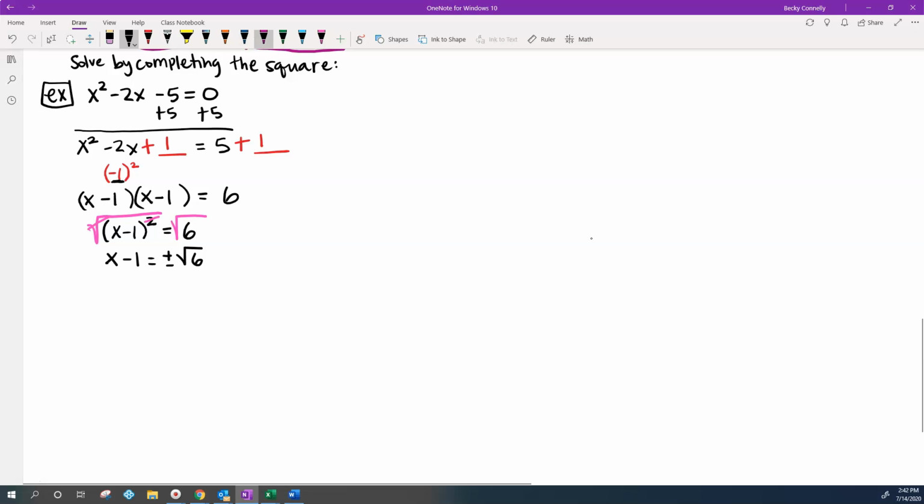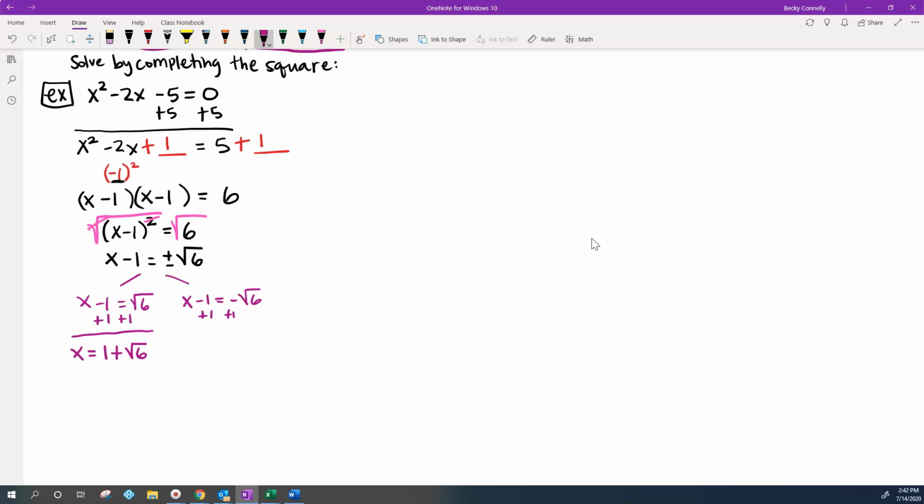And then remember, we can write these down as two separate things. So x minus 1 equals the positive square root of 6, and x minus 1 equals the negative square root of 6. Then to get x alone, we're going to be adding 1 over. And when you're adding that 1 over, you should put the number first. So we'll put 1 plus the square root of 6.